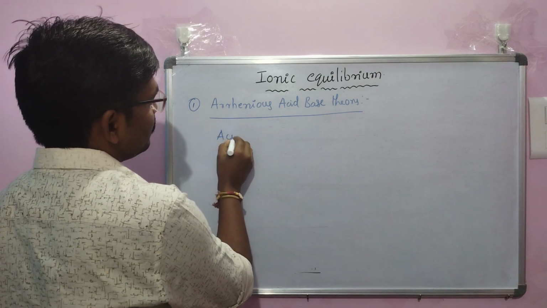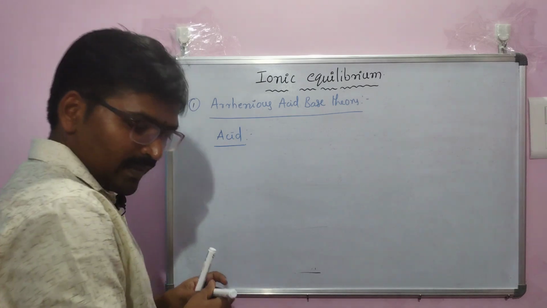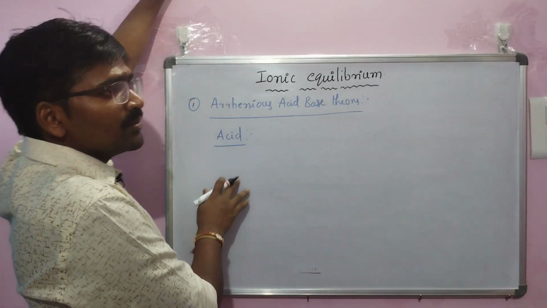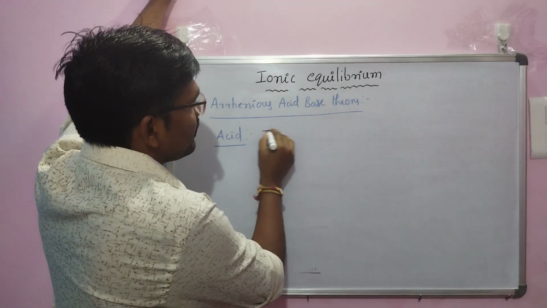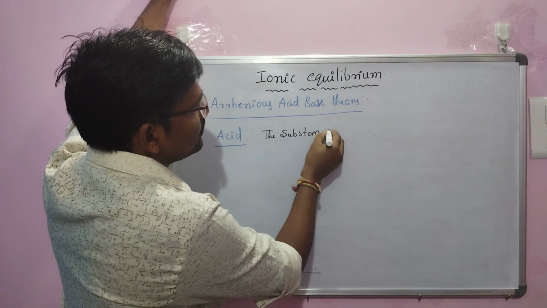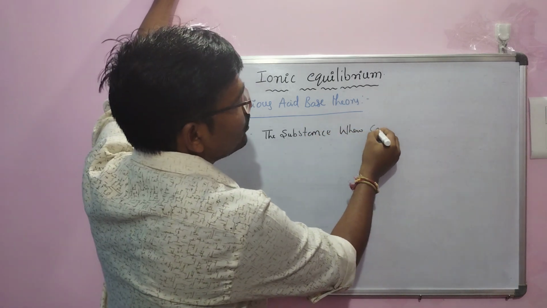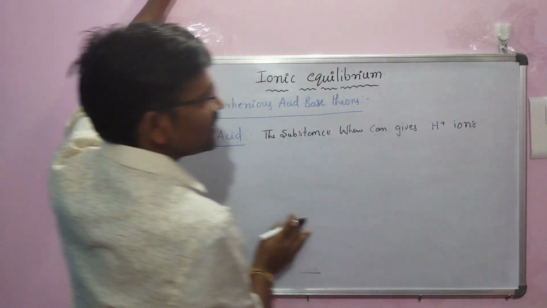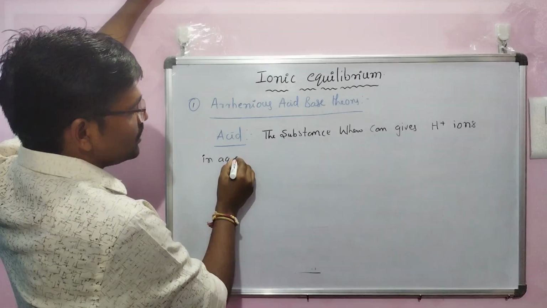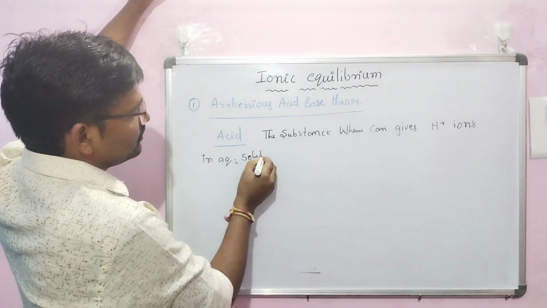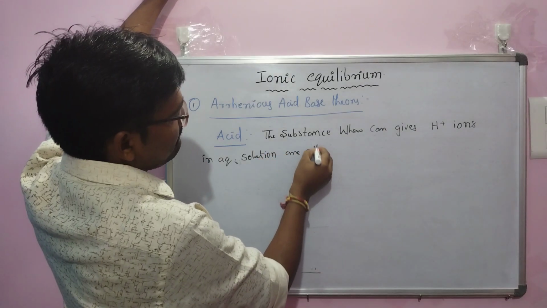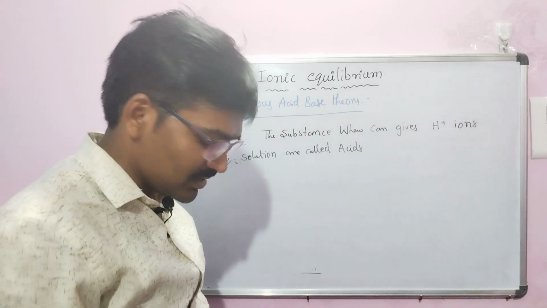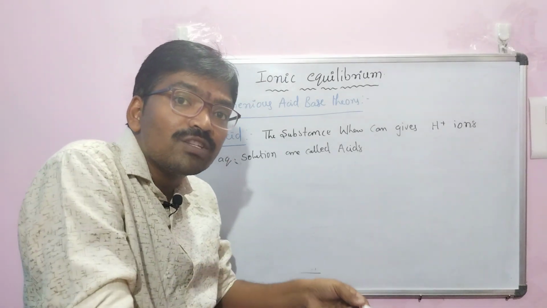First of all, what is the acid according to Arrhenius? Simply, the Arrhenius acid is a substance which can give H plus ions in aqueous solution. Such substances are called acids.